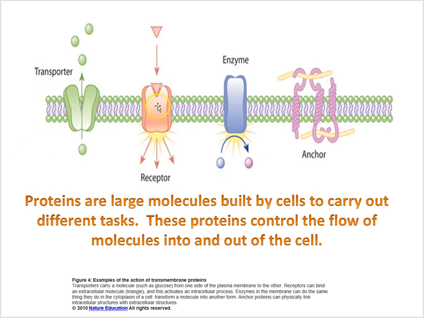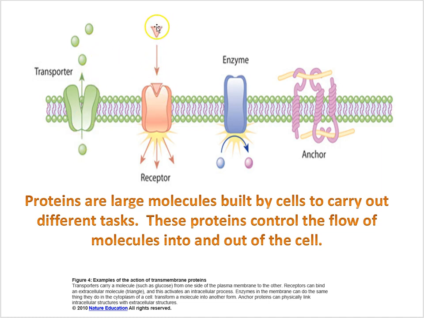And these different kinds of molecules, they might be large proteins, they have different tasks. And these proteins are built by the cell, and we'll figure out how that happens in later lessons, but these proteins are inserted into the membrane, and then they can do particular tasks. So this green protein is in charge of moving this molecule across the membrane.